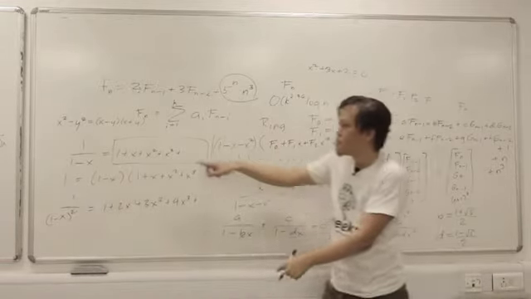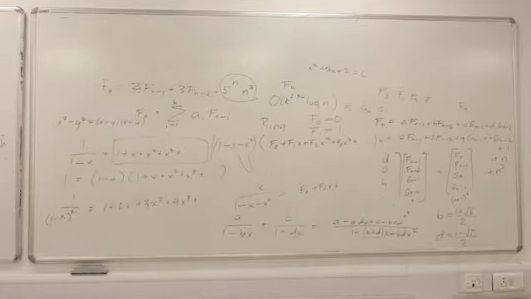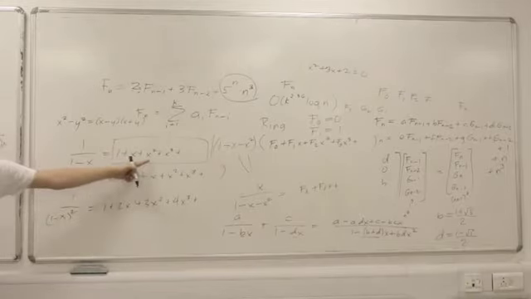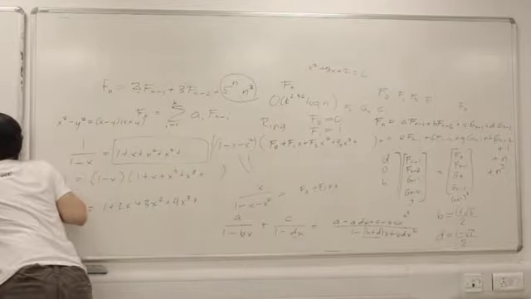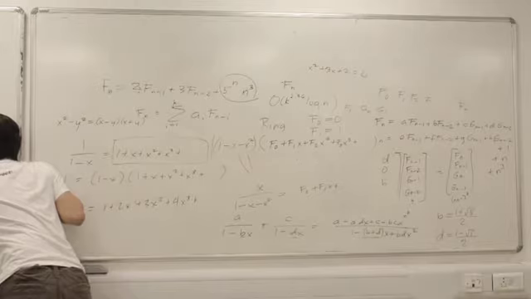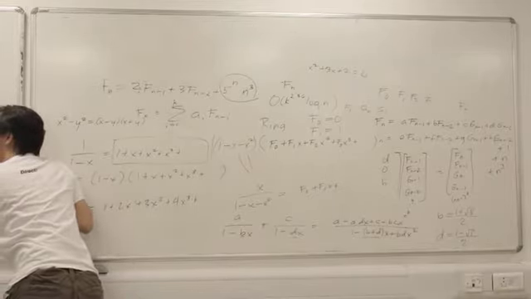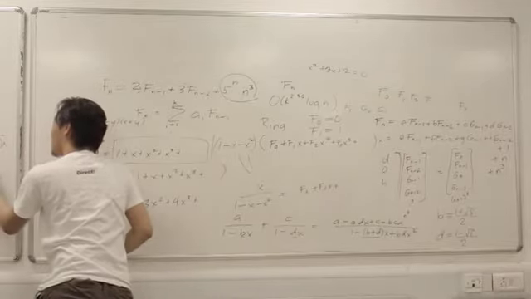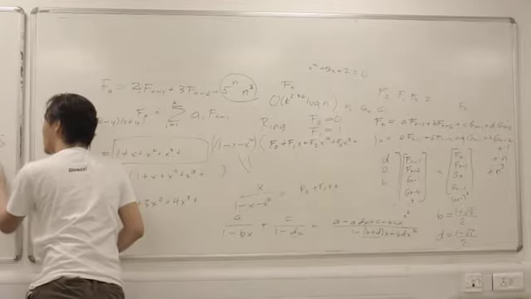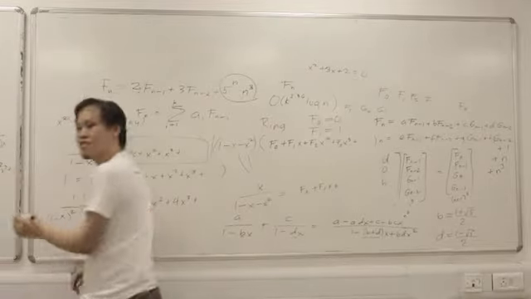Okay? Once you get that, notice that this term is quite familiar. This is just this term. Okay? So you know that this term in particular expands to 1 plus (1 plus square root of 5 over 2)x plus (1 plus square root of 5 over 2) squared x squared plus (1 plus square root of 5 over 2) cubed x cubed and so on.